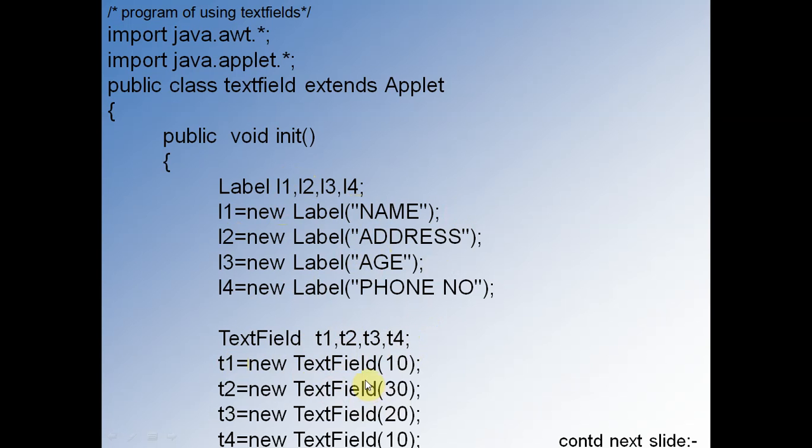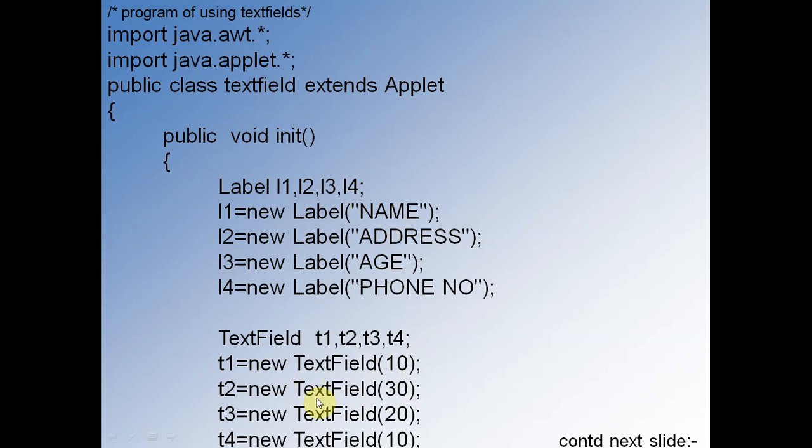We have mentioned here T1 equals new TextField. Basically T1 is for the label name. Its width, the number of characters it will store, means the size defines the text field. The T1 text field is 10, this is for name.